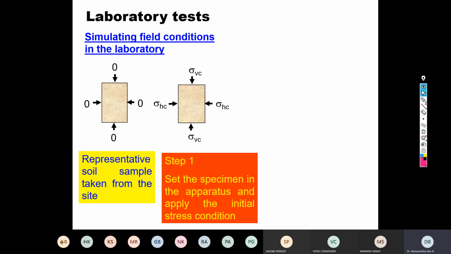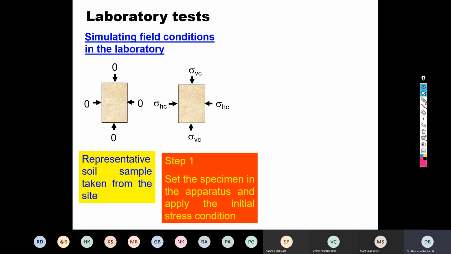Now, in the triaxial testing, we initially apply some amount of confining pressure in all three directions with equal magnitude, that is sigma V and sigma H. When I initially apply the confining pressure equally in all three directions, your sigma Vc and sigma Hc remain the same. This is what is called the confining pressure.